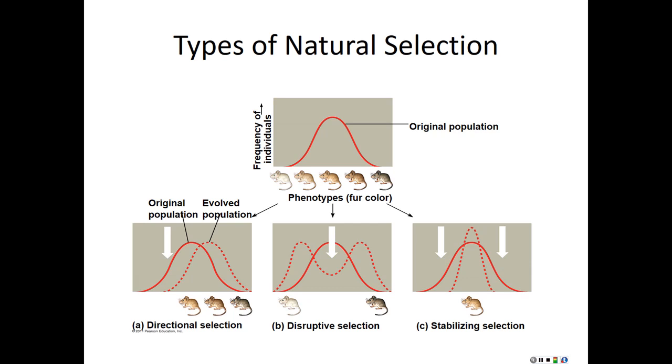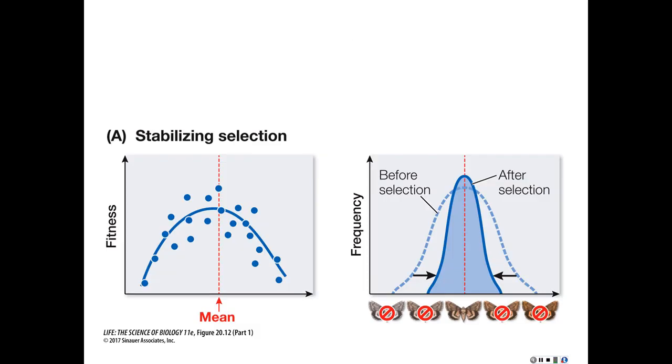So the three types I want to talk about, one is called stabilizing selection. Stabilizing selection is where the environment selects against both extremes and favors an intermediate phenotype.